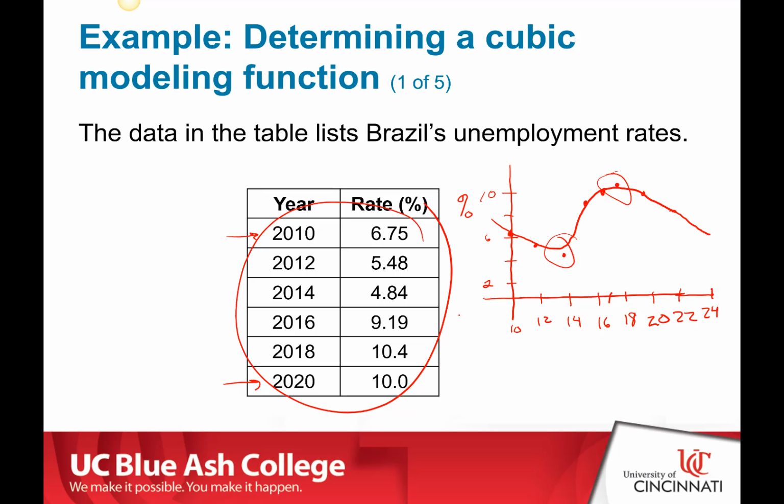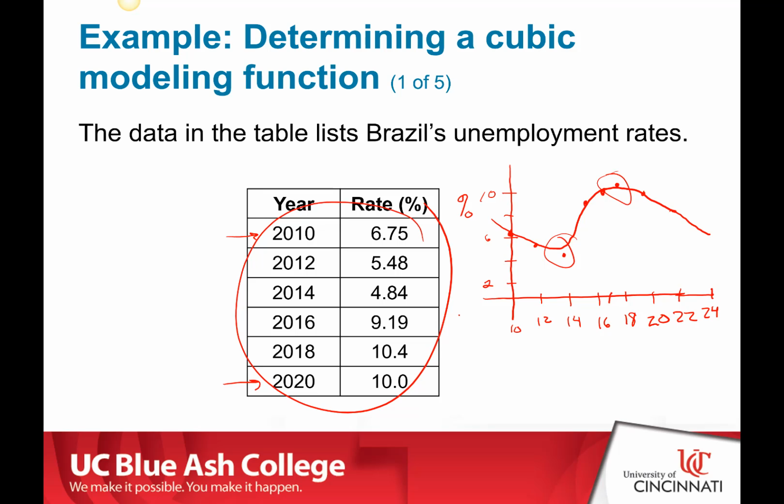When it comes time to plug the numbers in, you have to figure out which are the X values and which are the Y values. Let's see, we have years and unemployment rate. Which one controls the other one? Does the year have an influence on the unemployment rate, or does the unemployment rate decide what year it's going to be? No, it's the other way around.